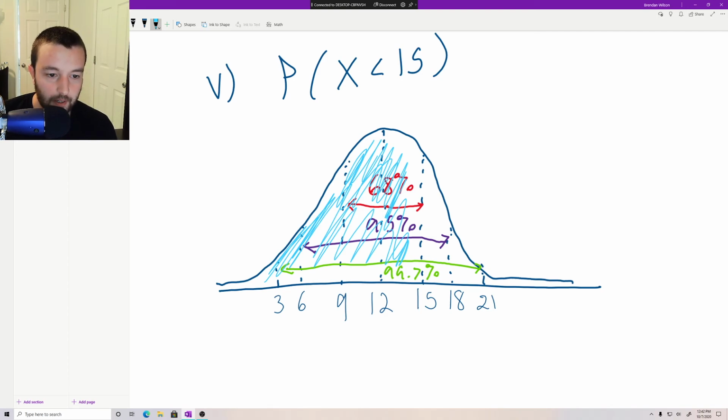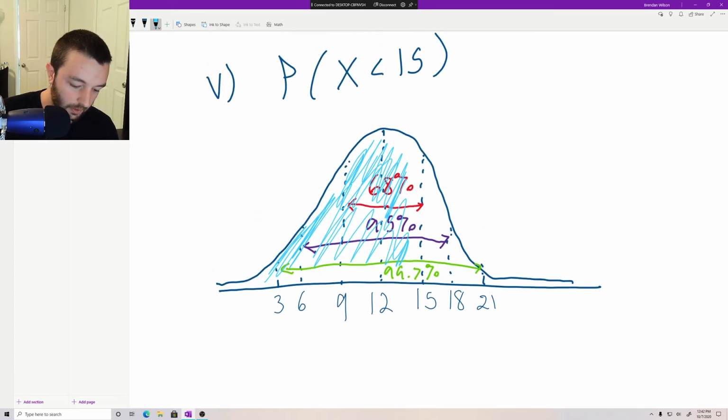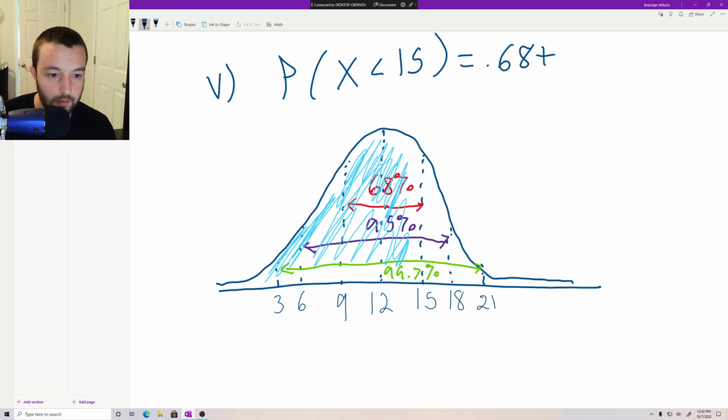And we already can see part of it. We know from here to here is 68%, right? So just putting together what we know, it's 0.68, but there's more because these two regions that we had were 68%. Now we need this region, and this region, which is going to be a little bit trickier.